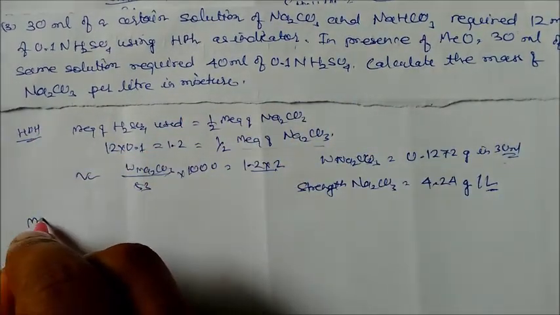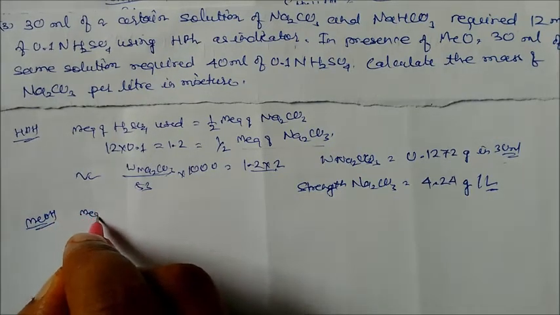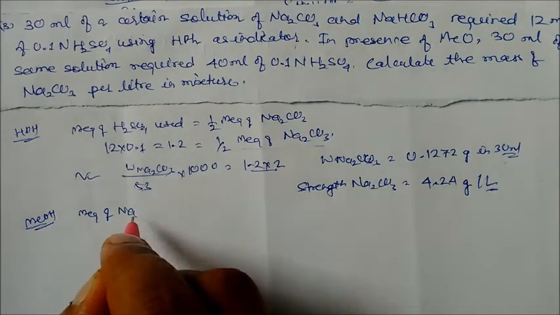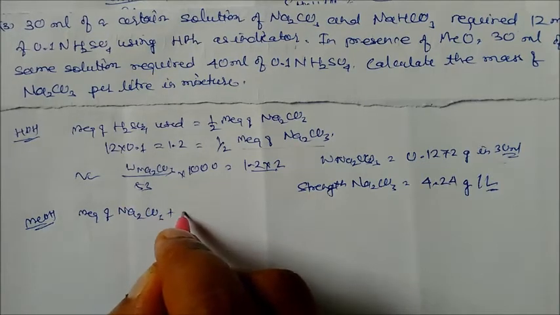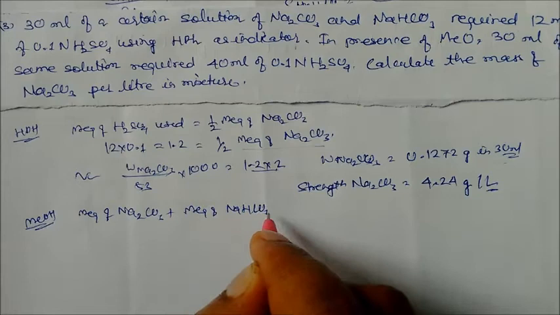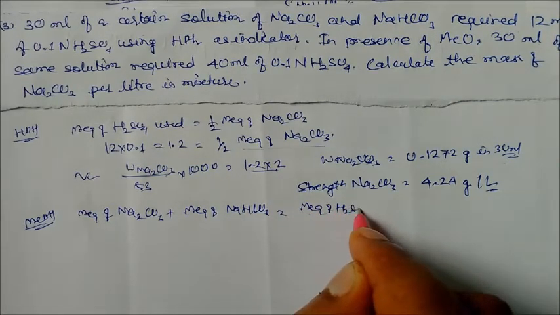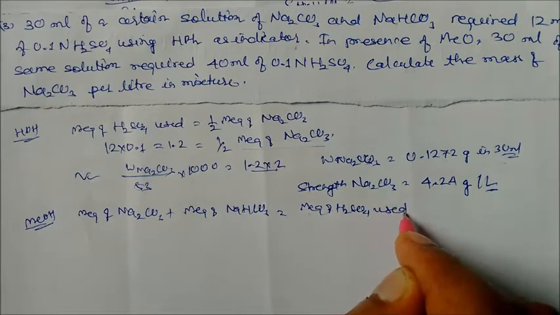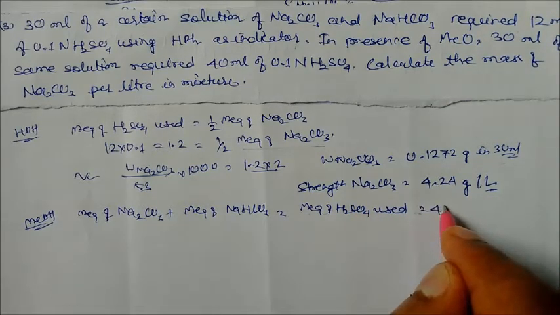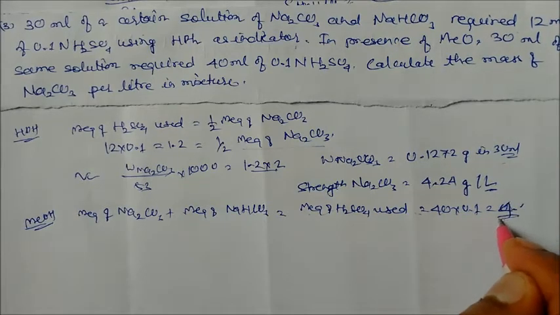For this one we have to take methyl orange as the indicator. So in this case, milliequivalent of Na2CO3 plus milliequivalent of sodium bicarbonate equals milliequivalent of H2SO4 used. So how much is used? This is 40 into 0.1, sorry, this will be 4. This is the milliequivalent used.